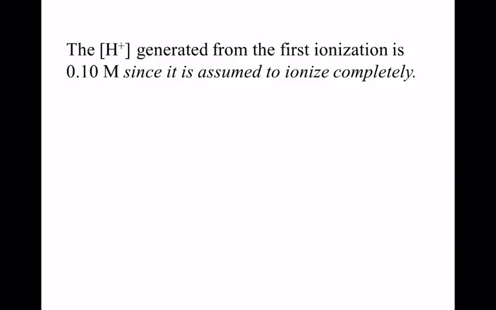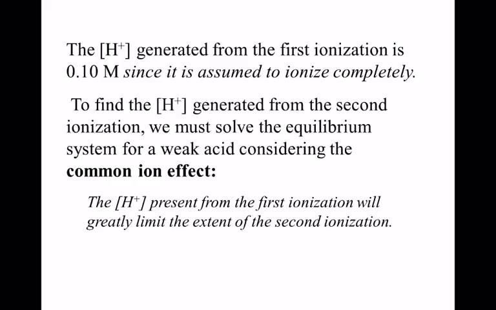So for the first step, we're going to assume 100% ionization, so we get that molar concentration of this one. This is the guy that is harder to get to. To get to this molar concentration, we're going to do an ICE table, and I'll show you what that looks like. I'll put that one over here.